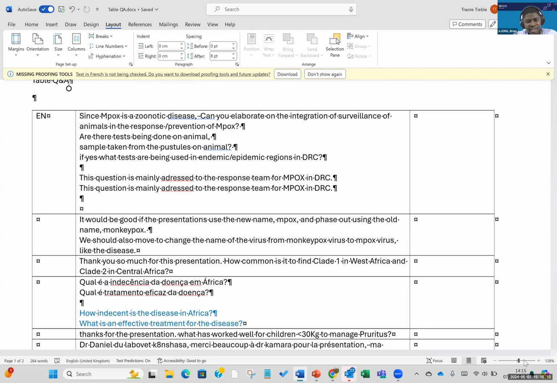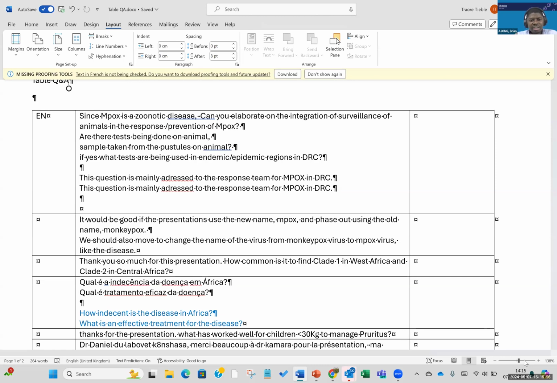What is ongoing now, particularly in Equateur province, and we are also pushing to have that decentralized to all the different provinces where the response is being set up, is to ensure that we actually have both humans and animals covered, and that our colleagues working with both domestic animals and wild animals also have their community health workers who do surveillance of these animals and send out alerts.